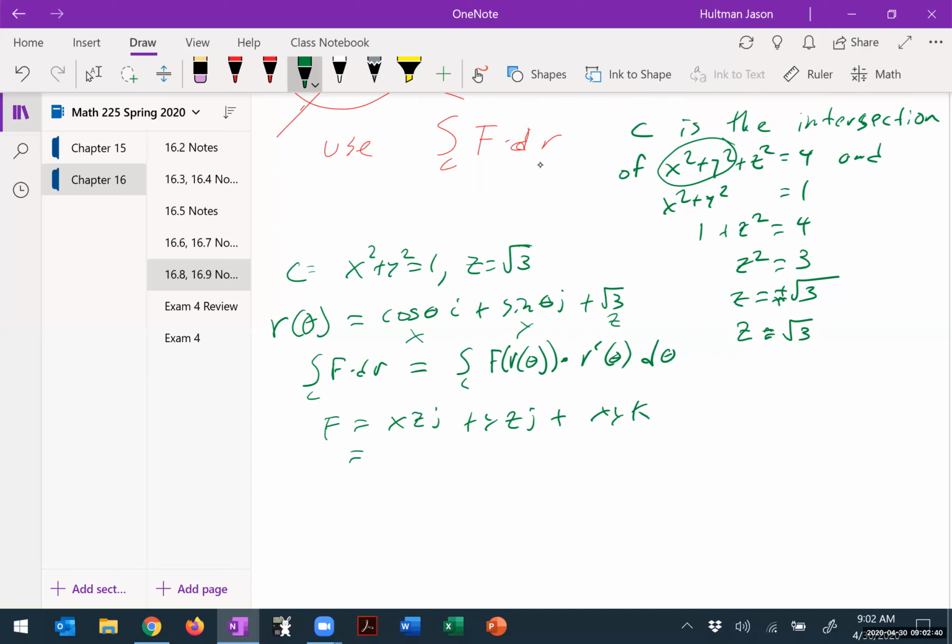So f of r of theta is going to be equal to x, which is cosine theta, times radical 3.